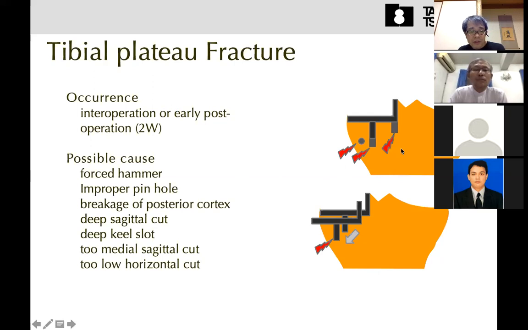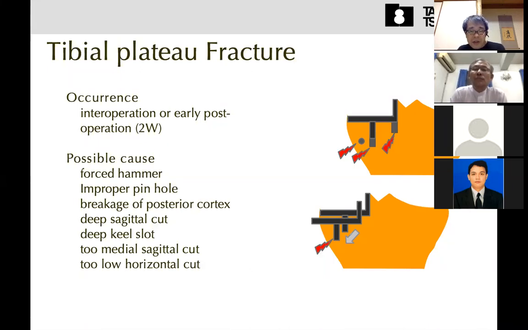Then a mechanical examination showed that too deep a sagittal cut can weaken the bone strength and can cause frequent fracture after operation. So we need to avoid the deep sagittal cut.